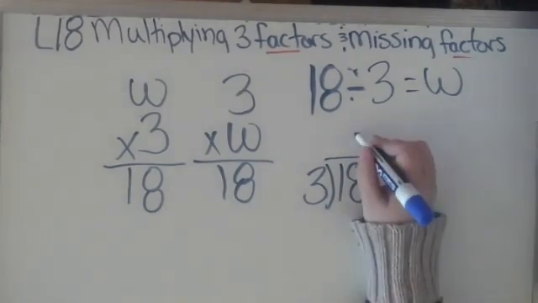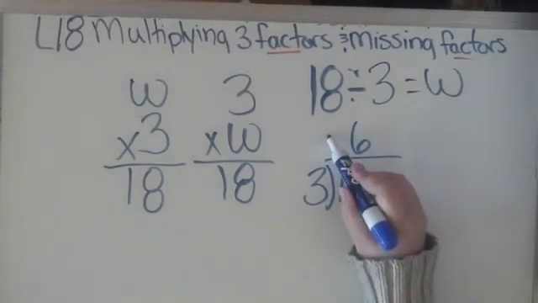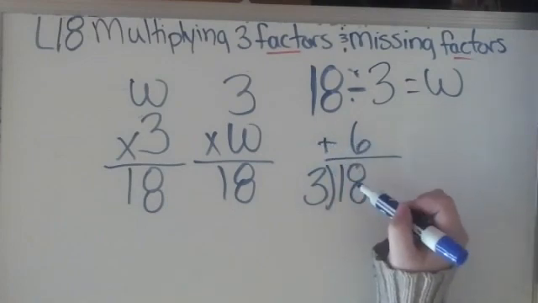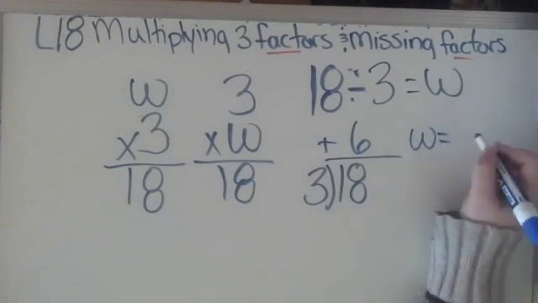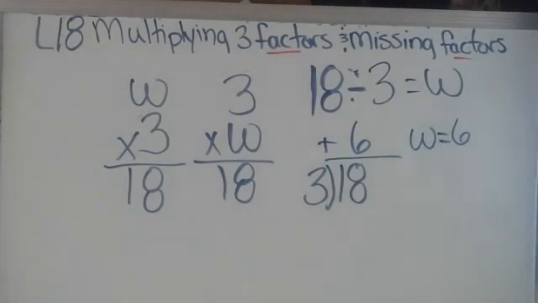For example, I know this is 6. 3 times 6 equals 18, which means my W equals 6. Okay, that is missing numbers for multiplication. You always use division to find your missing number for multiplication because division is the inverse or the opposite. That is lesson 18, multiplying three factors and missing factors.